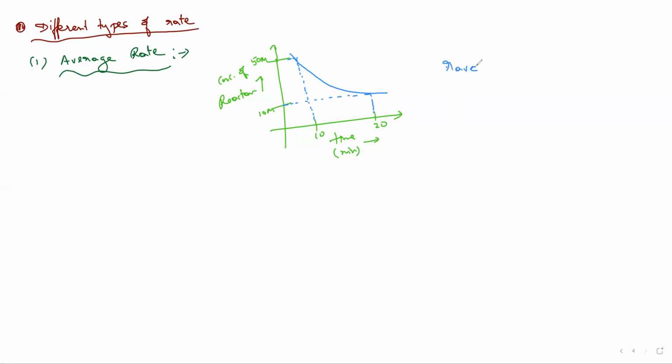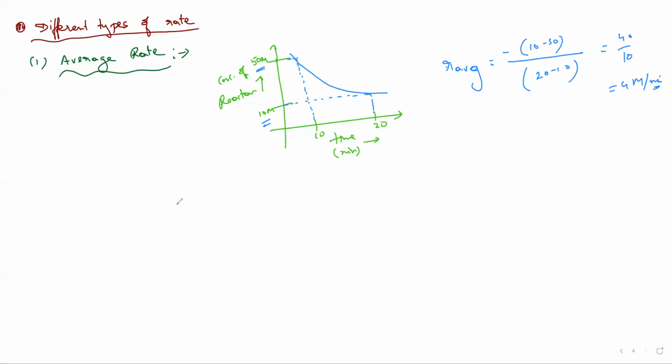Average rate is basically the change in concentration, final 10 minus 50, over the change in time, 20 minus 10. So 40 by 10, that means 4 molar per minute. So how can you find this one?